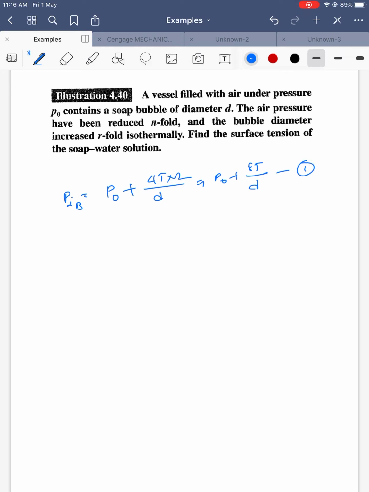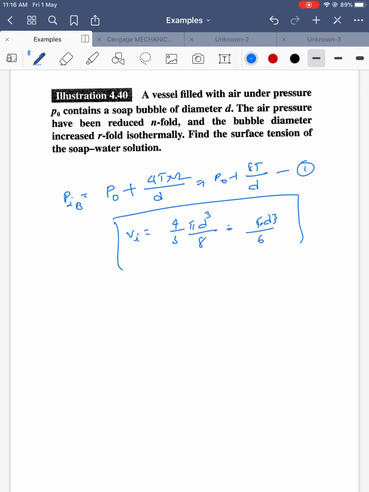Initially, what is the volume inside the bubble? It's 4 by 3 pi into (d by 2) cubed, which is pi d cube by 8, so the initial volume is pi d cube by 6.